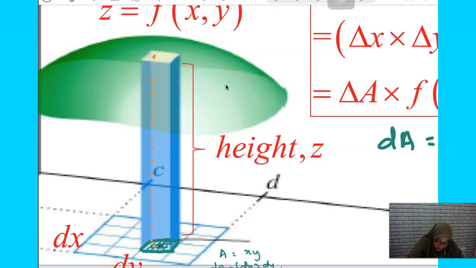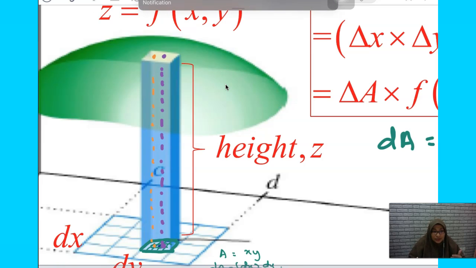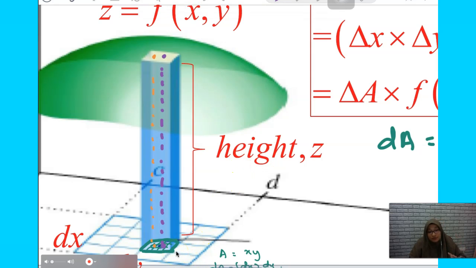Similarly, if I choose another point over here, you will get the value of z on the surface. We can assume that this is the height. What is the height? The height is the length from the floor to the surface, which is the value of z.